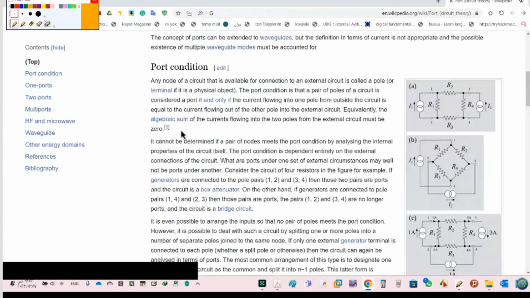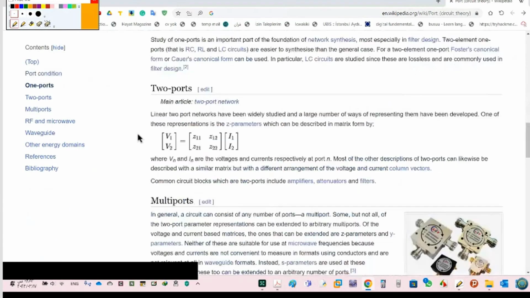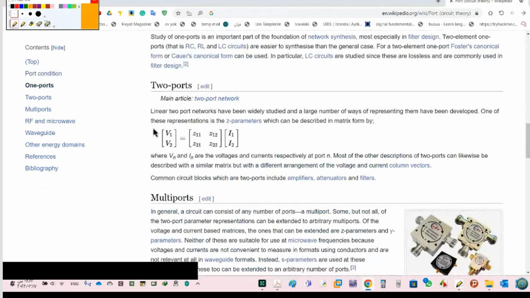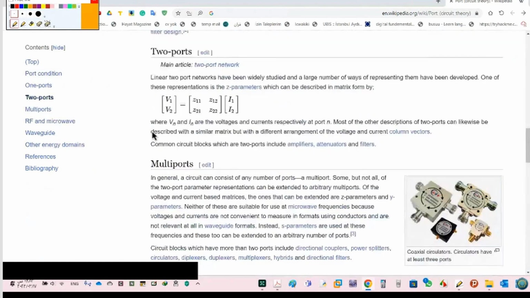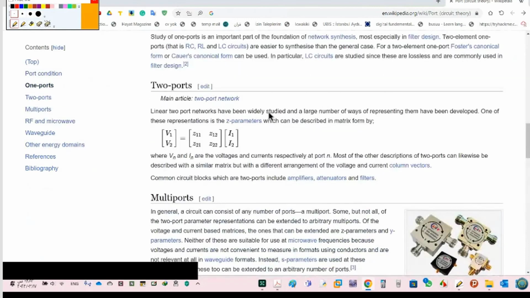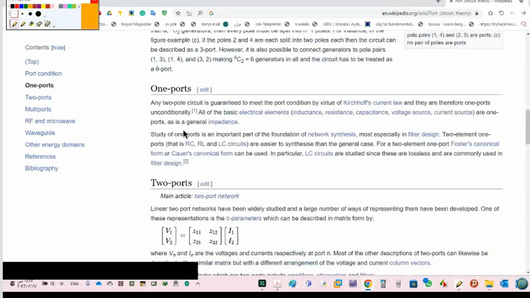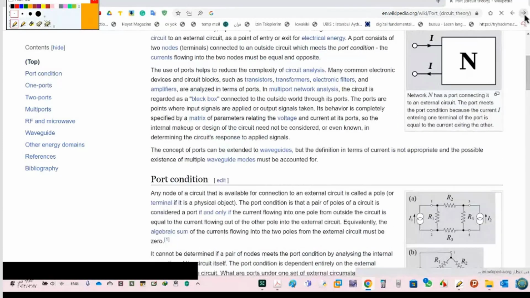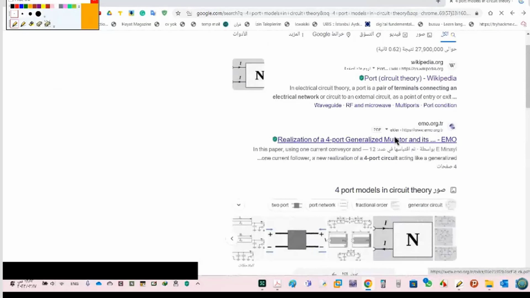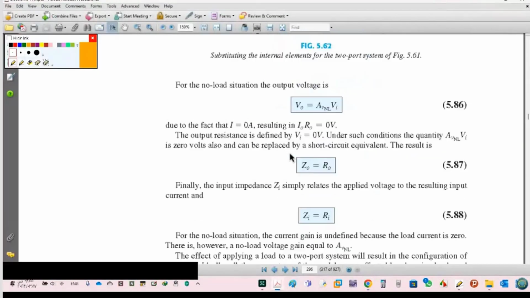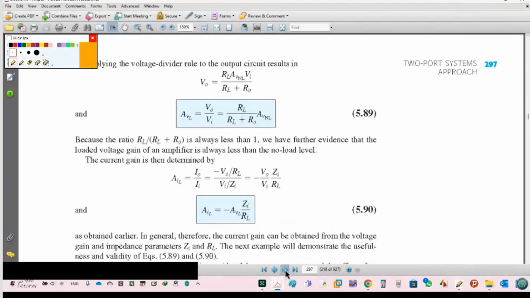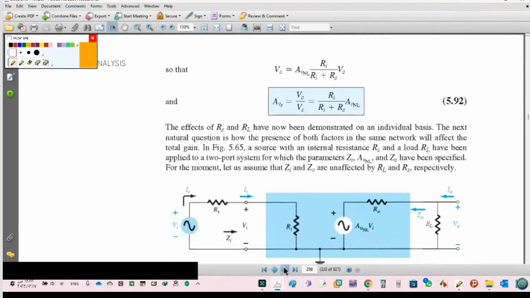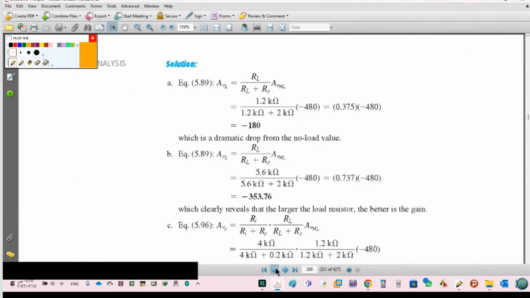Here we have one port, two port, and here we have four port. Here they are using two port, but I prefer to use four port. In four-port, maybe you can find better than this one. And we start to go directly to something called the hybrid. I will study this one in detail.